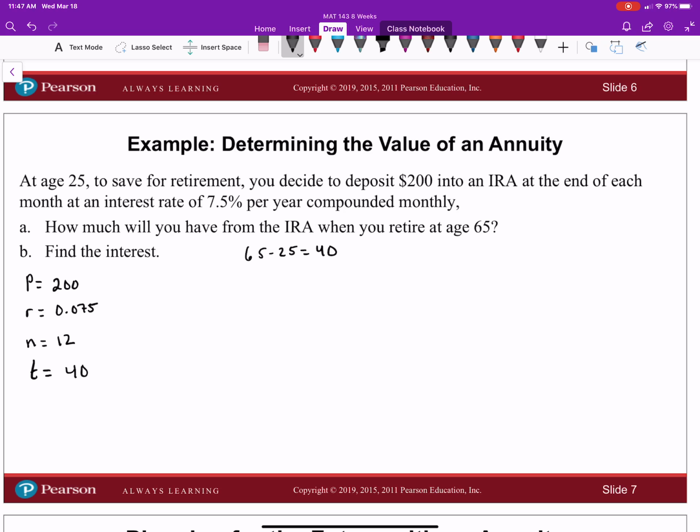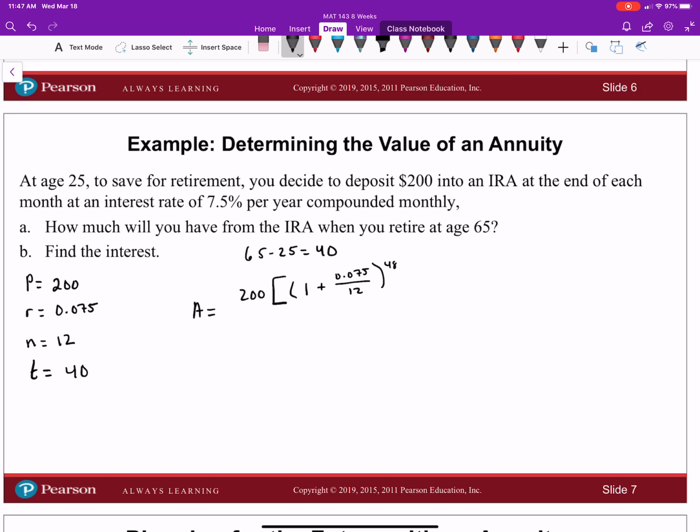So now, as we plug this in, we've got A is equal to 200, bracket, parentheses, 1 plus your 0.075 over your N, which is 12, raised to the NT, so it's going to be 12 times 40, which should give you 480.